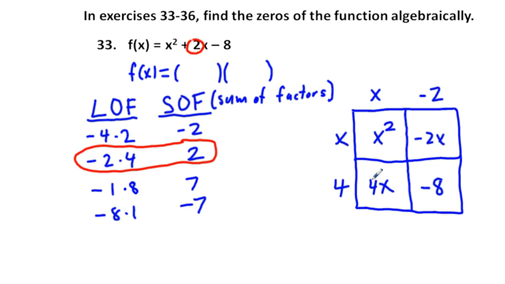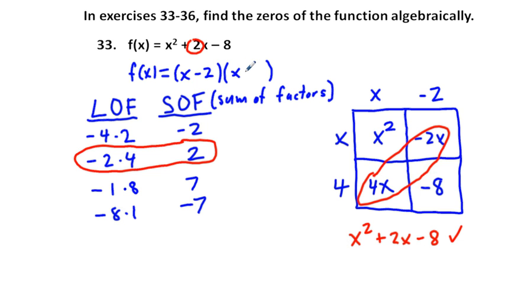And if we combine these like terms, we're going to get positive 2x. So that we're going to have x squared plus 2x minus 8. So that's a check. So we're sure that our factors for this are going to be quantity x minus 2 times quantity x plus 4.